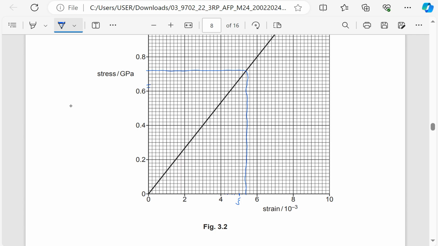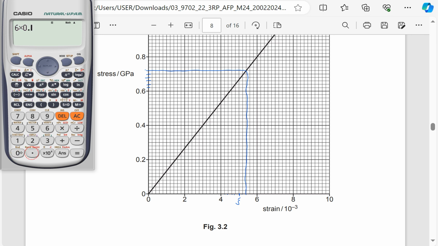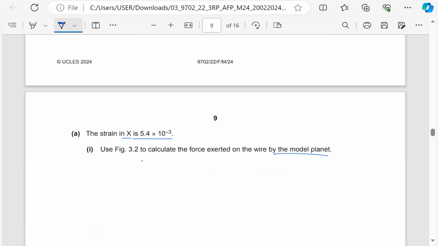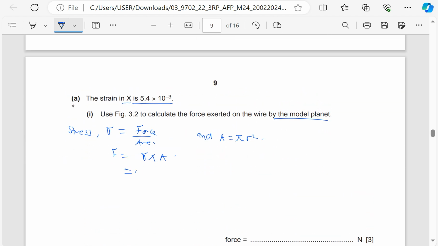So 1, 2, 3, 4, 5, 6. I will say 6 times 0.02, then I add this to 0.6. So this is 0.72. So the corresponding stress is 0.72.